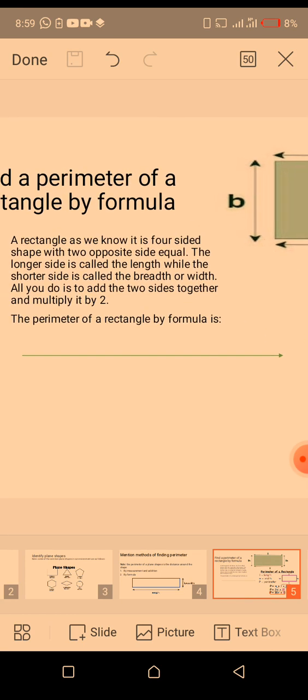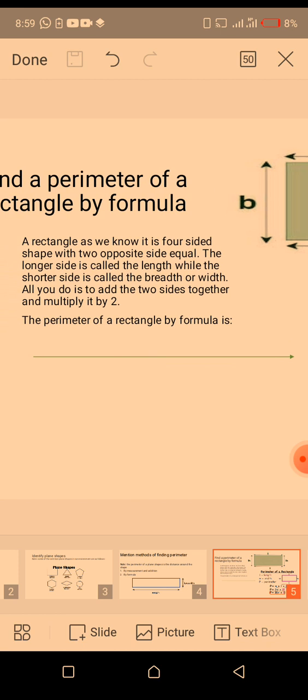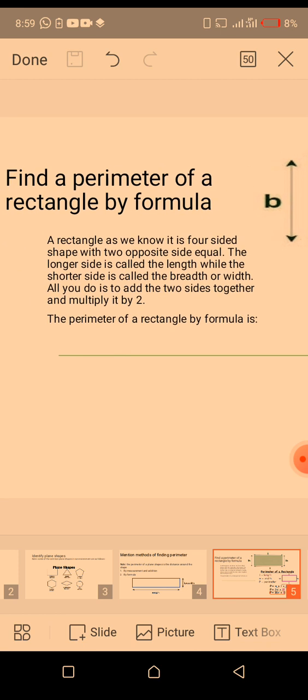A rectangle, as we know, is a 4-sided shape with 2 opposite sides equal. The longer side is called the length, while the shorter side is called the breadth. The breadth can also be called the width. So all you do is add the 2 sides together and multiply it by 2.